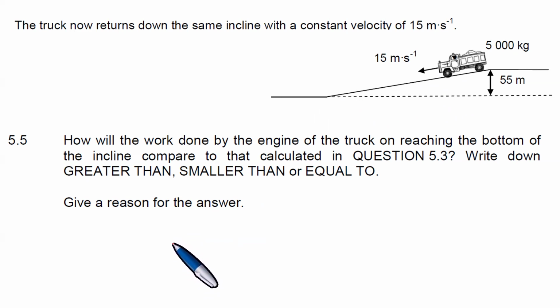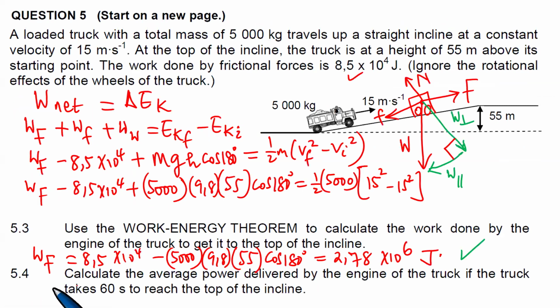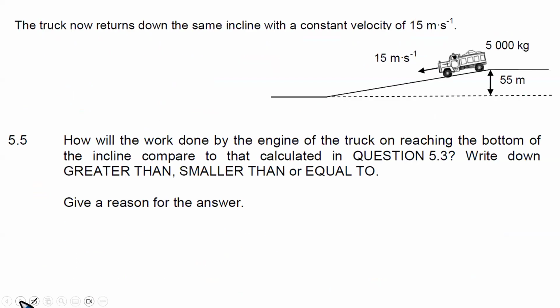Okay, so we obviously look at that question, and we're able to note the work done by the engine of the truck on reaching the bottom of the incline, compared to that calculated in 5.3. In 5.3, we understand that it was going uphill. But right now, it is going downhill.